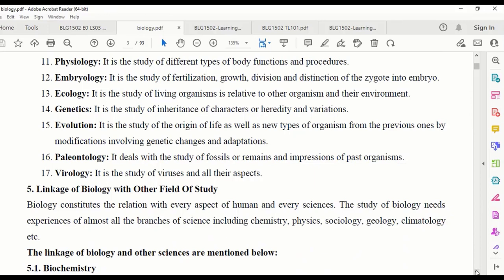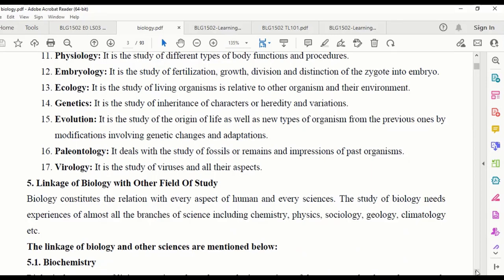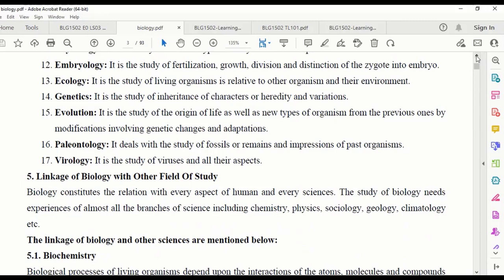Sometimes they will give you multiple choice questions where you have to choose one of the terms, so when we send this, you need to familiarize yourself with these terminologies.